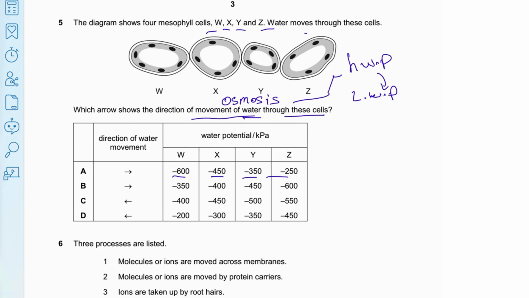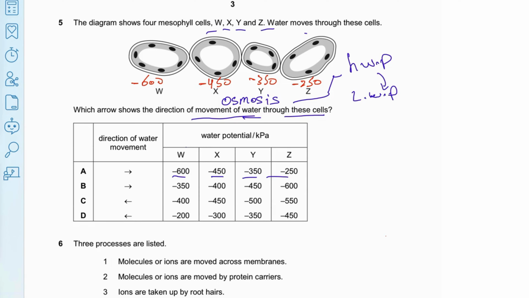So let's go for the assumptions that he is giving. The first assumption says that W is negative 600, X is negative 450, Y is negative 350, and Z is negative 250. Which one is the most negative?